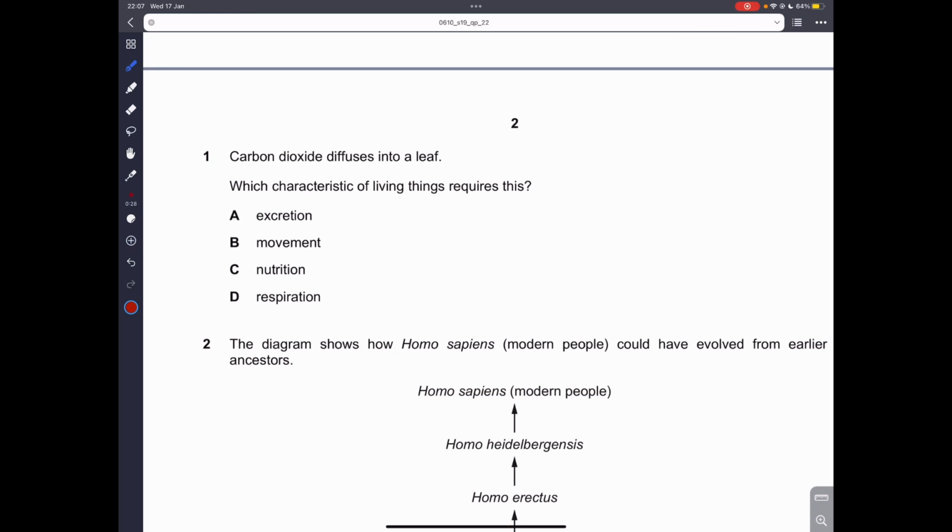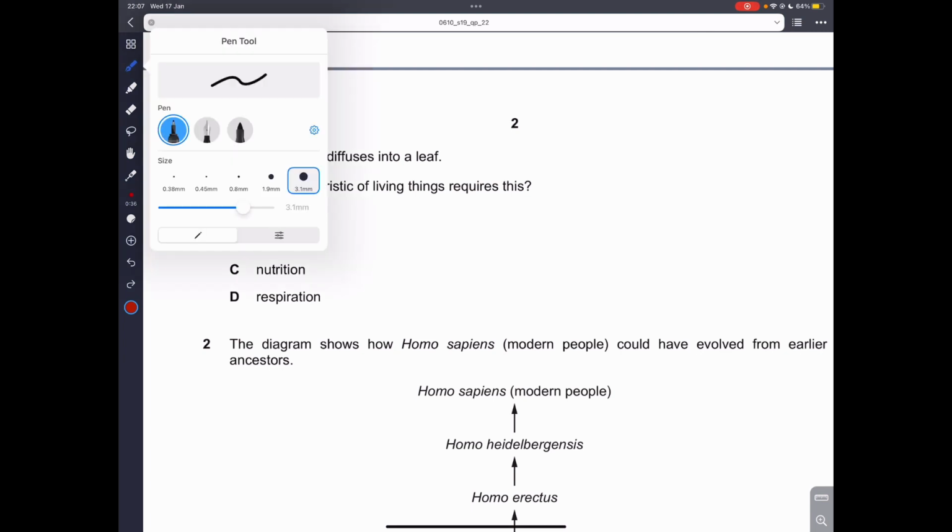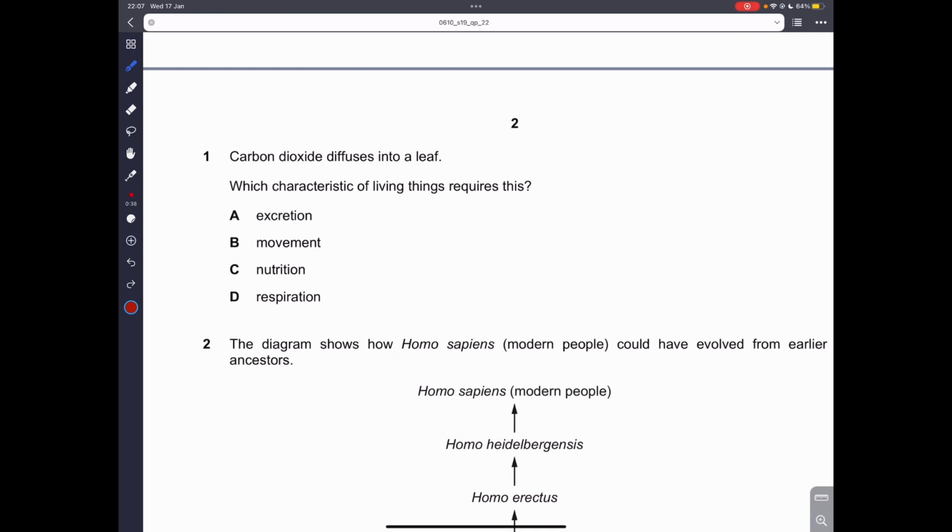So, question number 1. Carbon dioxide diffuses into a leaf. Which characteristic of living things requires this? Well, we have to know that carbon dioxide diffuses into a leaf. What characteristic of leaves requires this?